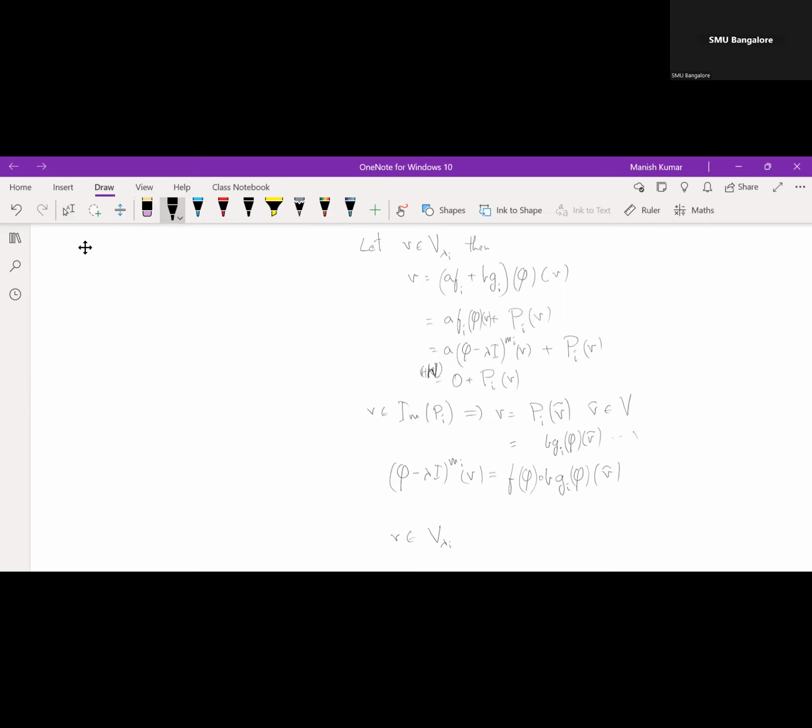Because f is what? (T minus lambda I) to the power mi. F_i is, sorry, f is f_i. F_i is (T minus lambda I) to the power mi, right? So f_i(phi) is precisely this. Yeah, and so this is same as f_i g_i, this polynomial evaluated at phi, and then you apply v tilde.